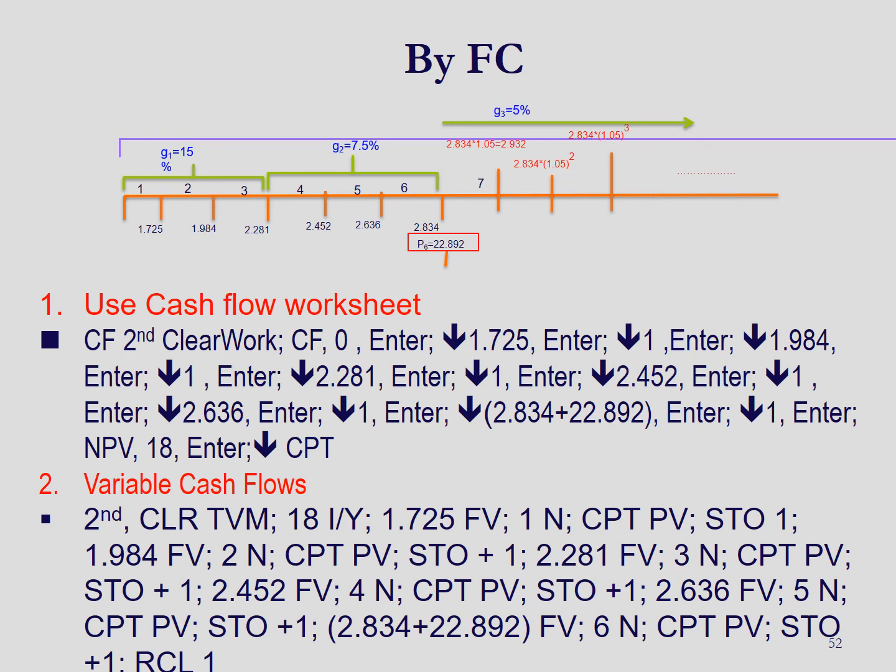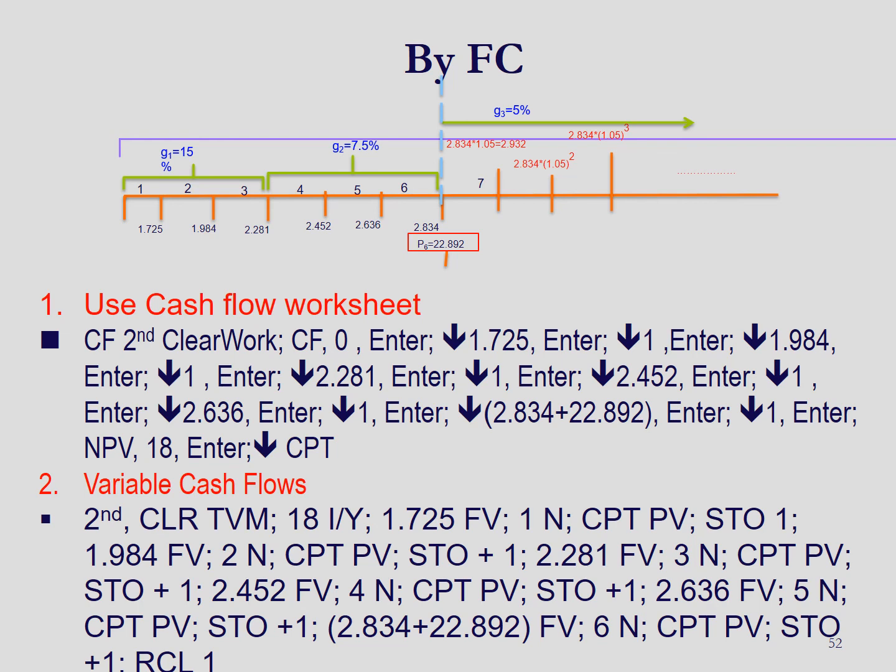By looking at the cash flow timeline presented here, we find that we can actually reduce this sum of infinite series problem into a finite holding period problem. How? First, step forward to the end of year 6, that is, the end of the non-constant growth period, and look forward.